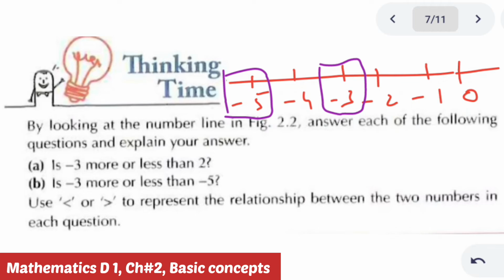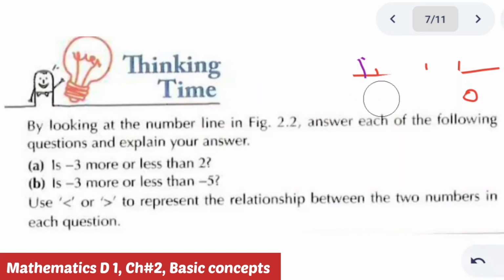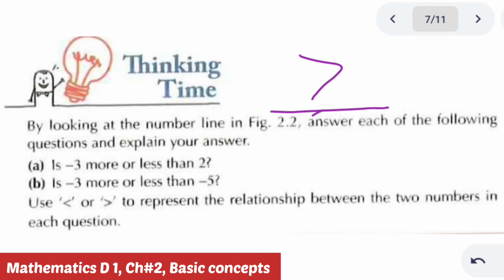Because -3 is on the right, -3 is actually bigger than -5. These numbers are represented by two signs. One is called the greater sign and the other is called the smaller sign. This is a sign to represent the greater or the smaller number.